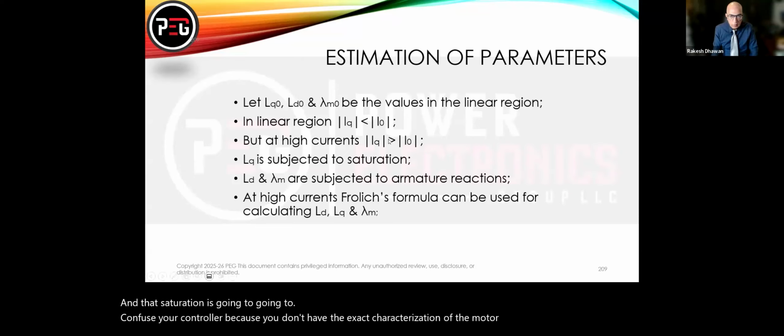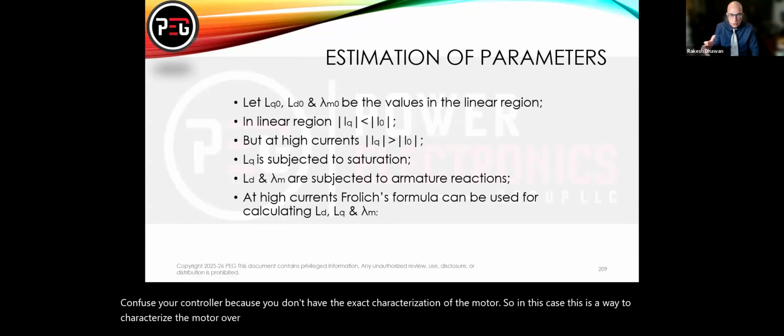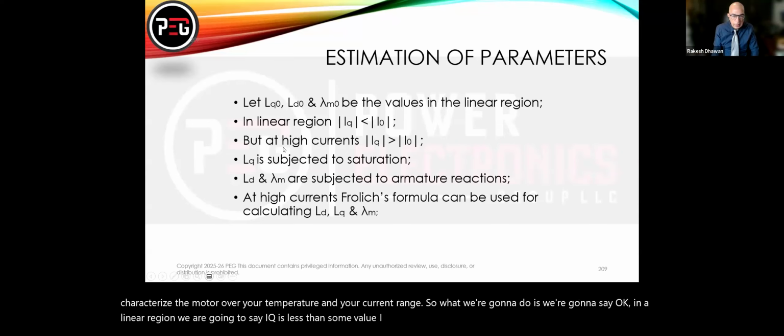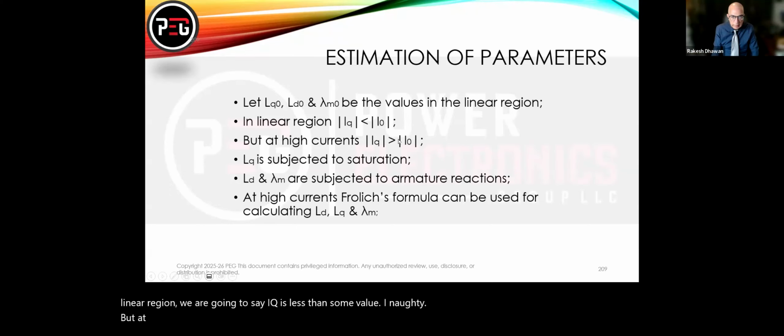So this is a way to characterize the motor over your temperature and current range. In a linear region, we say IQ is less than some value I naught. But at high currents, IQ is greater than I naught, okay? We say LQ is subjected to saturation, and LD and lambda M are subjected to armature reactions.